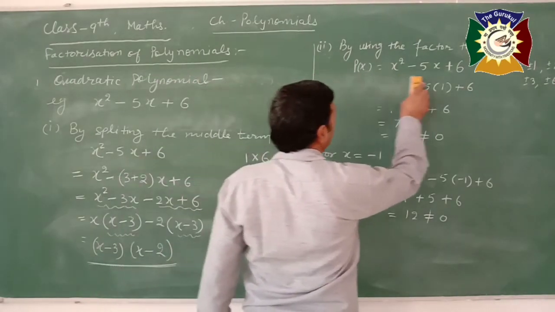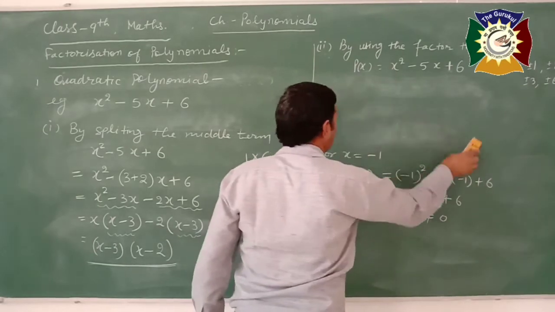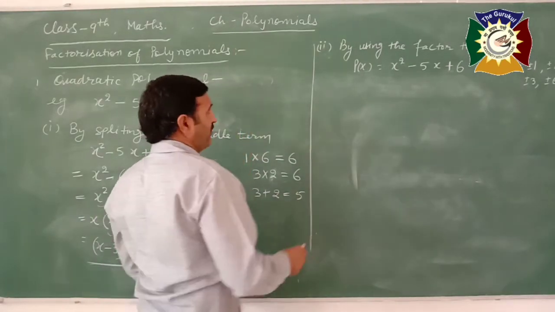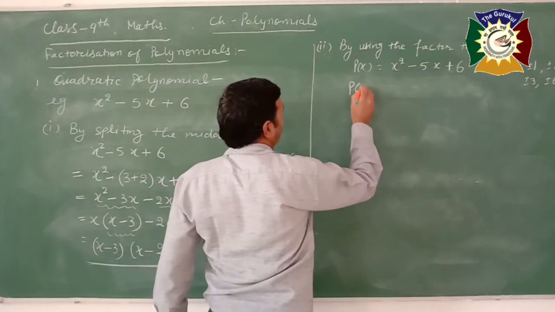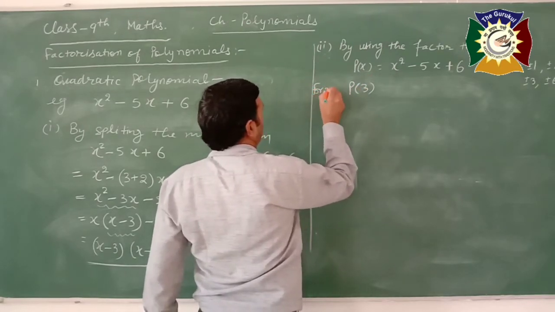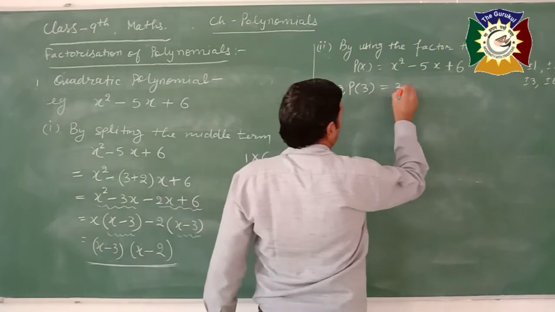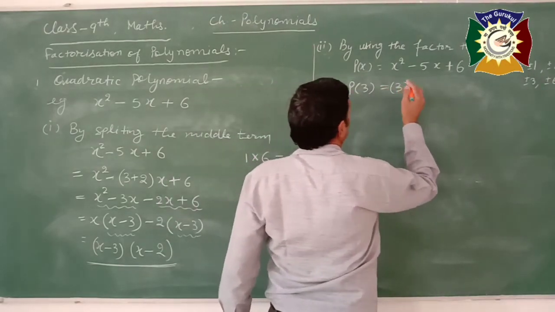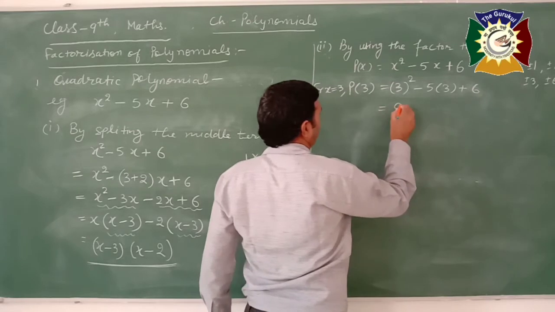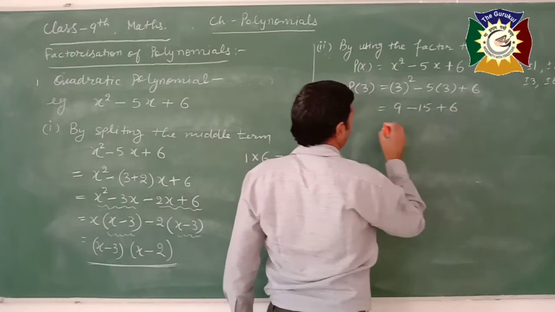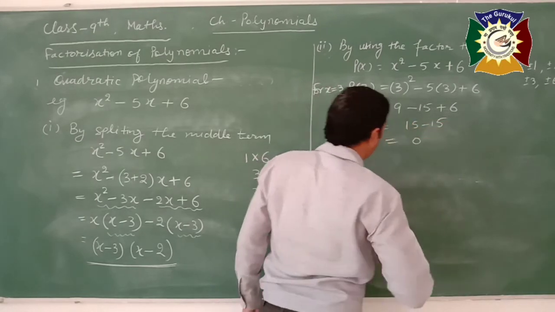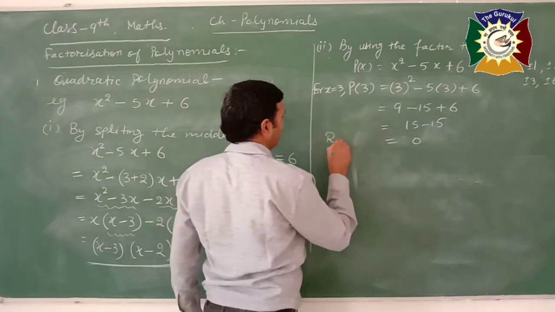The next is 3. We will check plus 3 and minus 3. When we get the remainder 0, we will stop this process. For x is equal to 3, 9 minus 15 plus 6, 15 minus 15, we got the remainder 0.